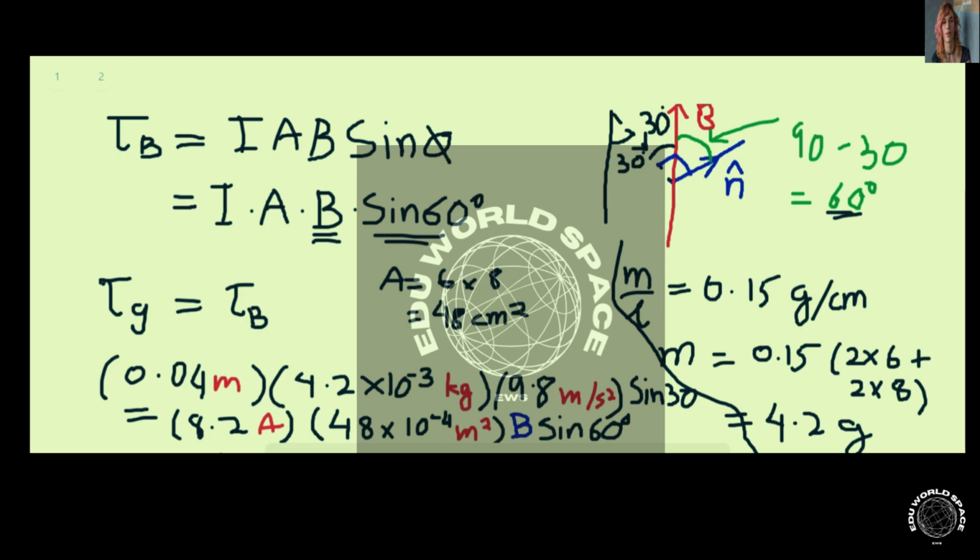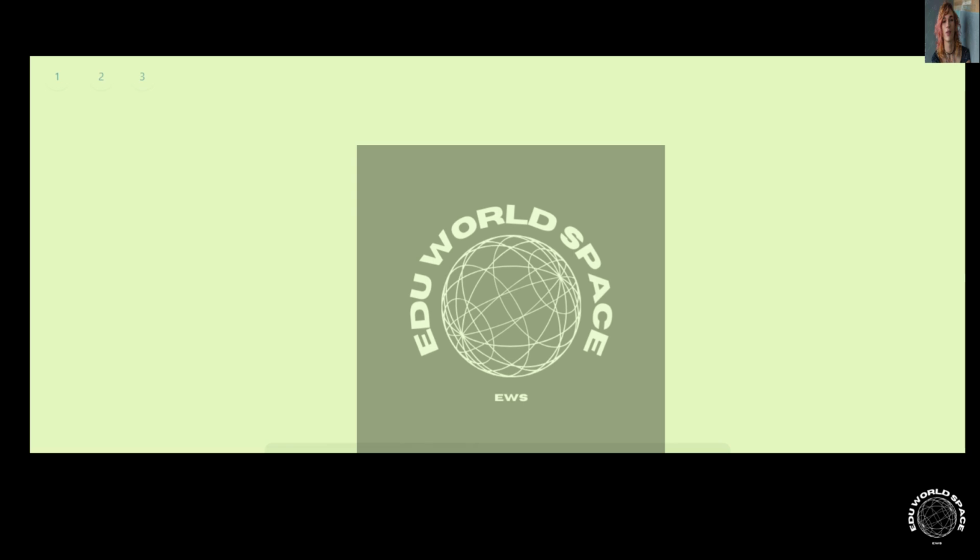And when you do that, the final answer that you find is that the magnetic field required to keep the loop at 30 degrees is 0.024 Teslas.